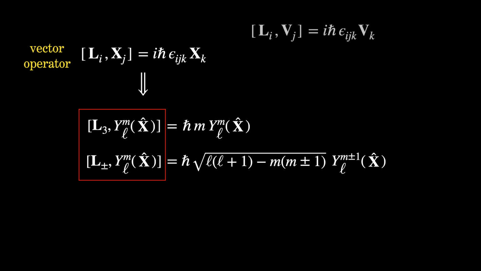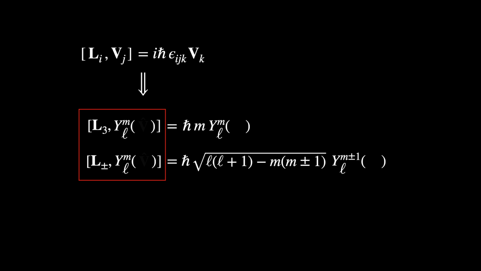Imagine if we replace X by V, which can be any vector operator. The commutators in the red box will just run its course, being fully determined by the commutation relation in the blue box, and in an identical way as for the case of x.